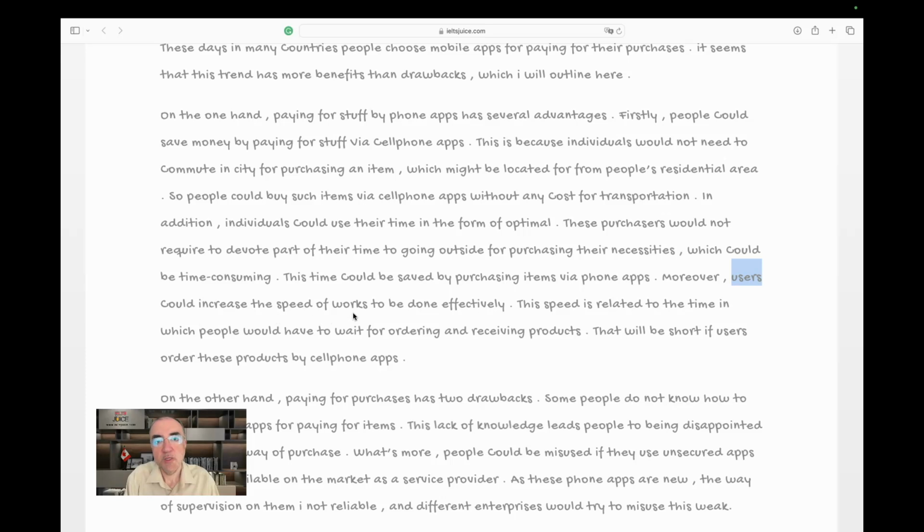"Could increase the speed of tasks to be done effectively." Let me continue. "This speed is related to the time in which people would have to wait for ordering and receiving products." I'm a little lost, and it's all because of these users and works.